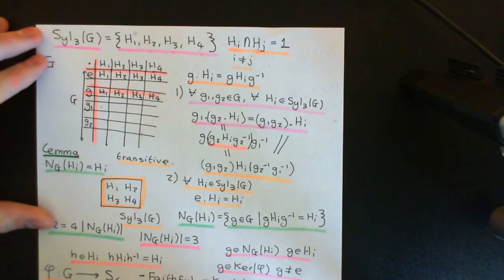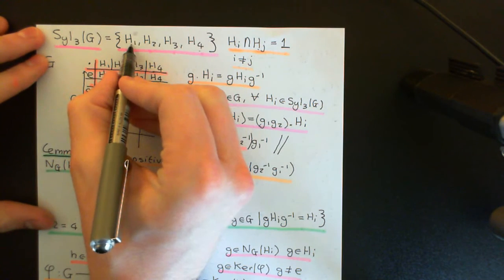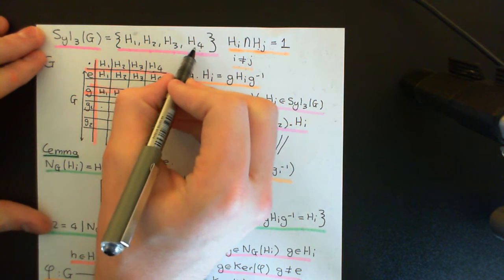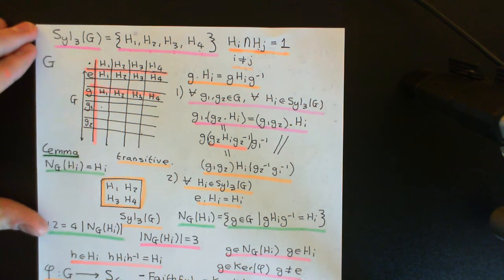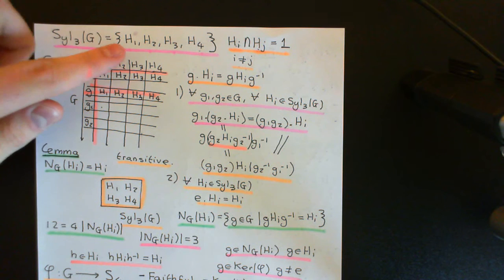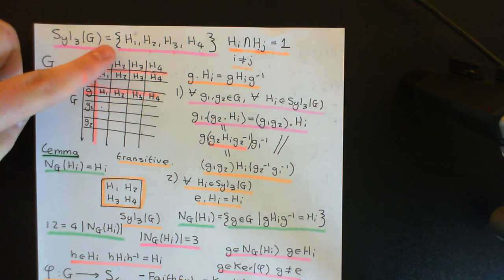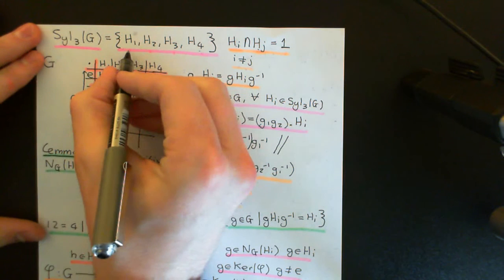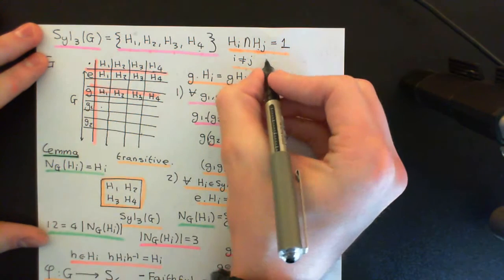Now, we know that G contains all of these subgroups, capital H1, capital H2, capital H3, capital H4, these 4 Sylow-3 subgroups. Remember, all of these have very simple structure. They'll contain an identity element and then 2 elements of order 3. So overall, how many elements of order 3 must G contain?